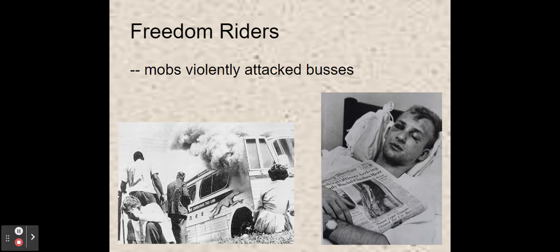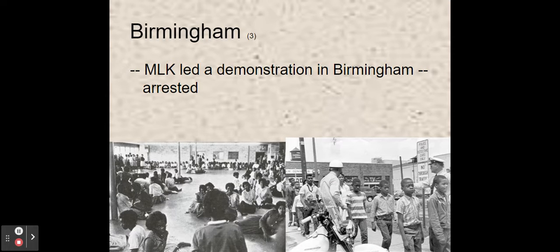Now, one of the worst cities in the South in terms of segregation and discrimination was Birmingham. So a lot of civil rights protesters are going to head to Birmingham to try to make it an example. Martin Luther King Jr. is going to lead the demonstration in Birmingham.